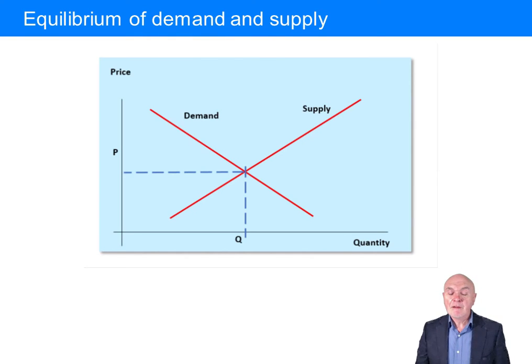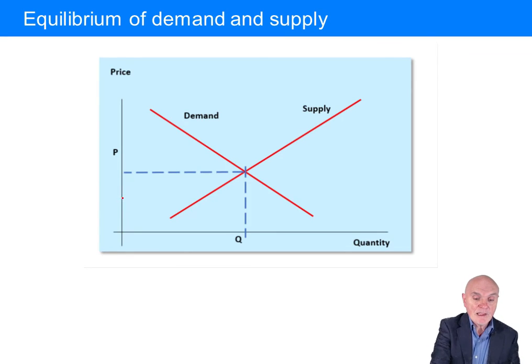Equilibrium of demand and supply. Here we have the demand curve, which is showing what your consumers demand. And here we have the supply curve, which is showing what the producers are willing to produce at a particular price. Now let's start off down here with a low price.